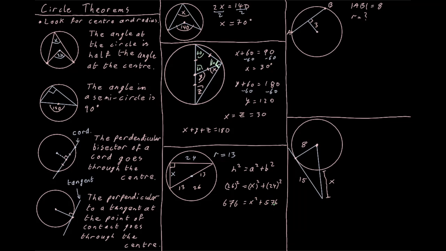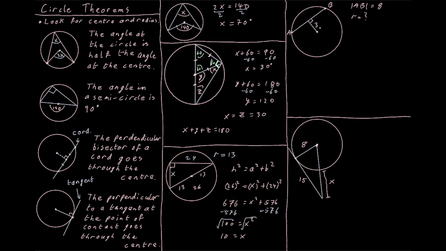Now I'm just solving my equation. So I get that x squared is 100. Square root of 100 is 10. And I'm not interested in the negative case because this is a physical length of a side, so x would be 10 units.